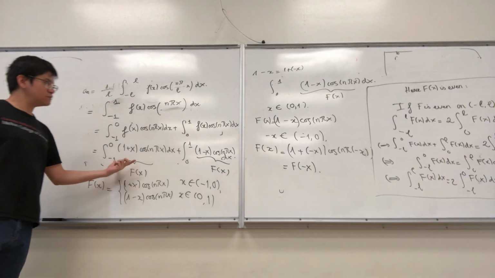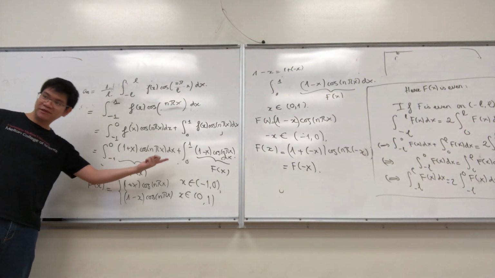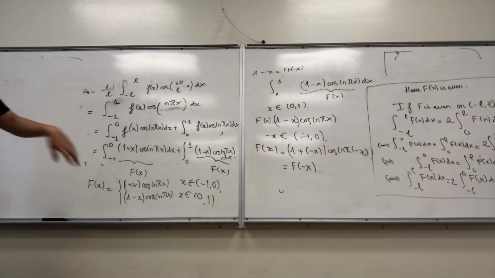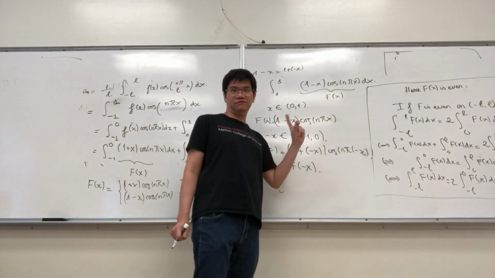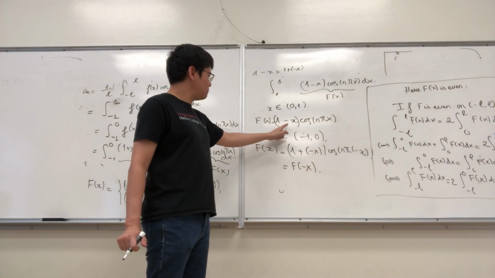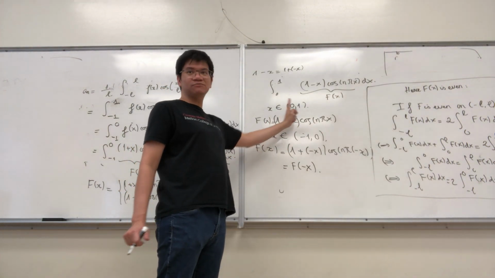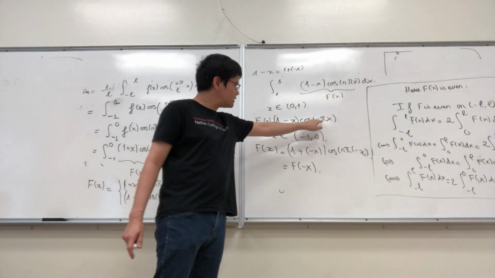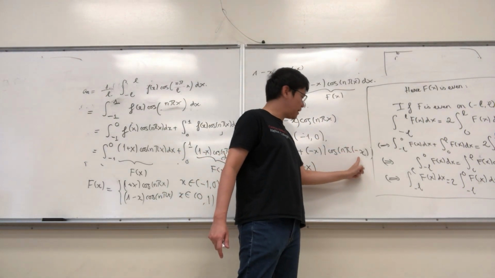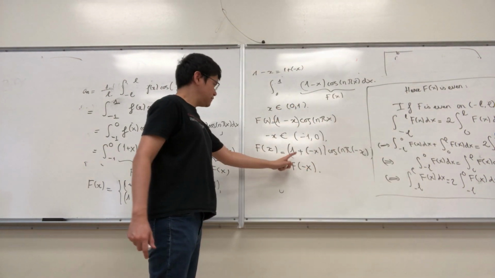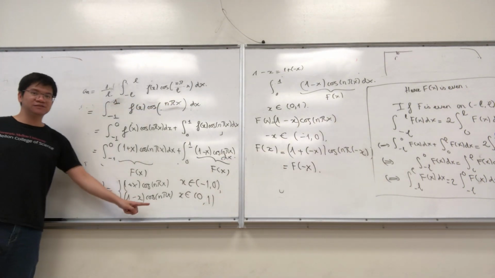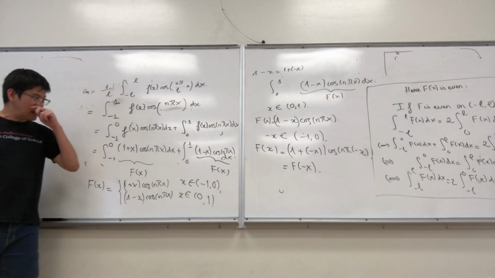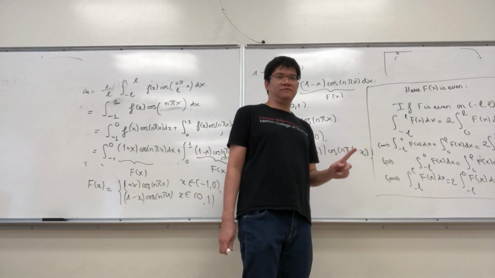So we know that on the first interval, this is 1 minus (-1) to the power n over n pi squared. So let us check if this is an even function, right? So you have f(x) is (1 minus x) cosine n pi x, x is from 0 to 1. Now 1 minus x is 1 plus of minus x, and cosine n pi x is cosine of n pi minus x. This is f of minus x because it's falling into this form, right? So which means that this is an even function.